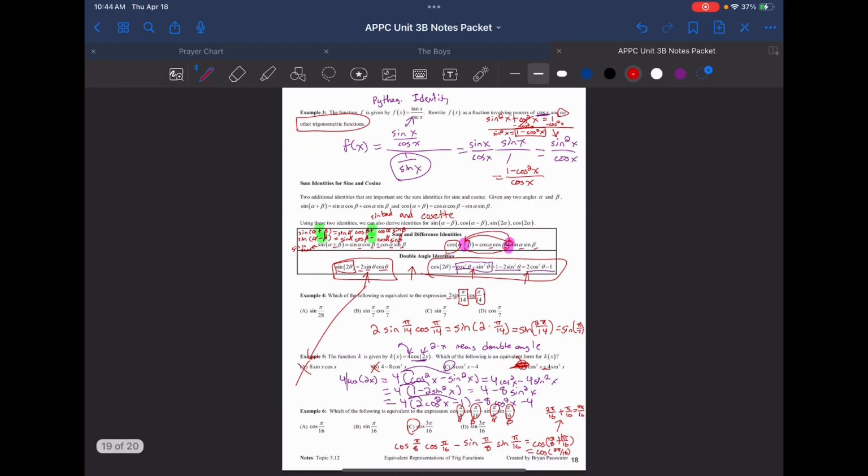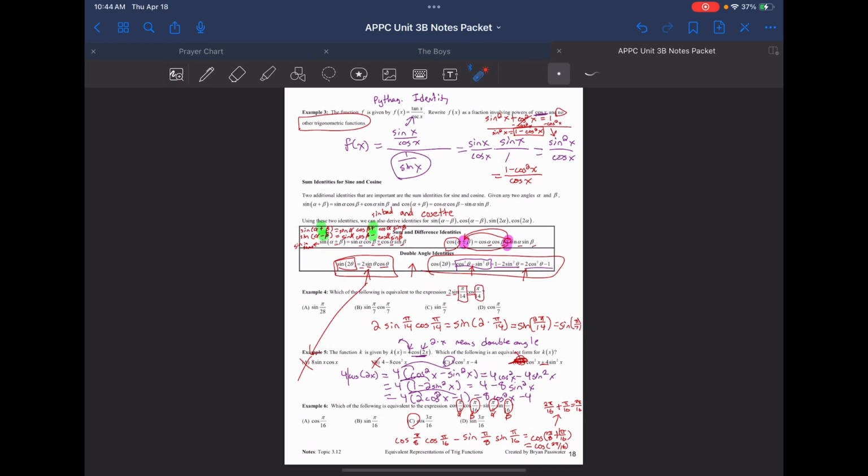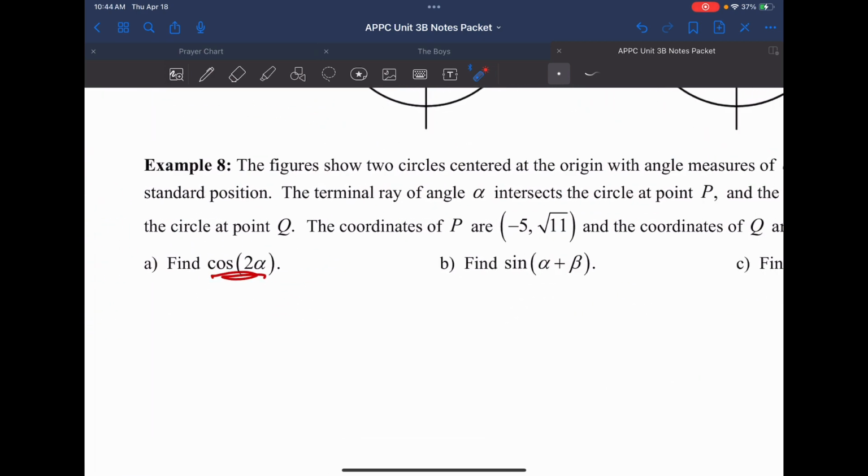The double angle formula with just cosine is 2 cosine squared theta minus 1. This one right here. So cosine of 2 alpha equals 2 cosine squared alpha minus 1. And let's plug in.